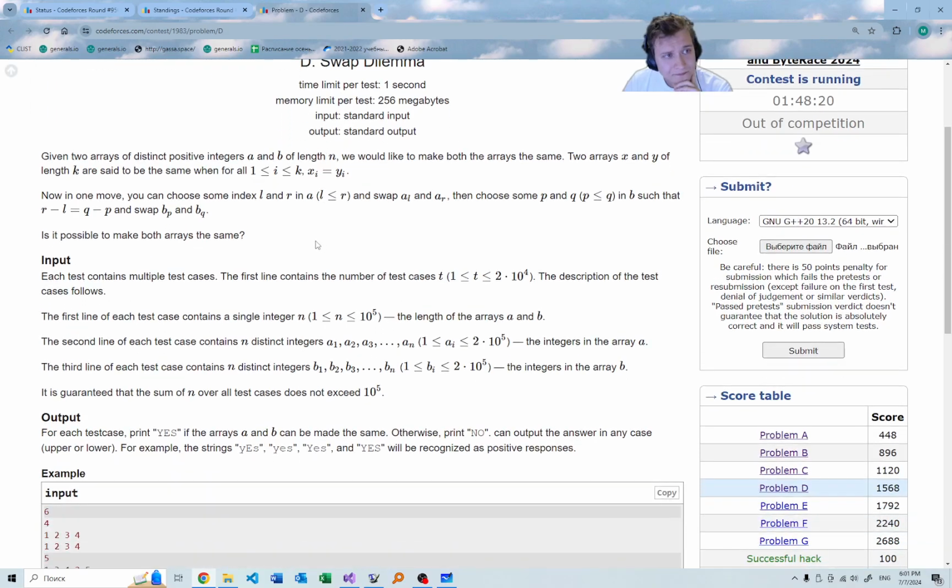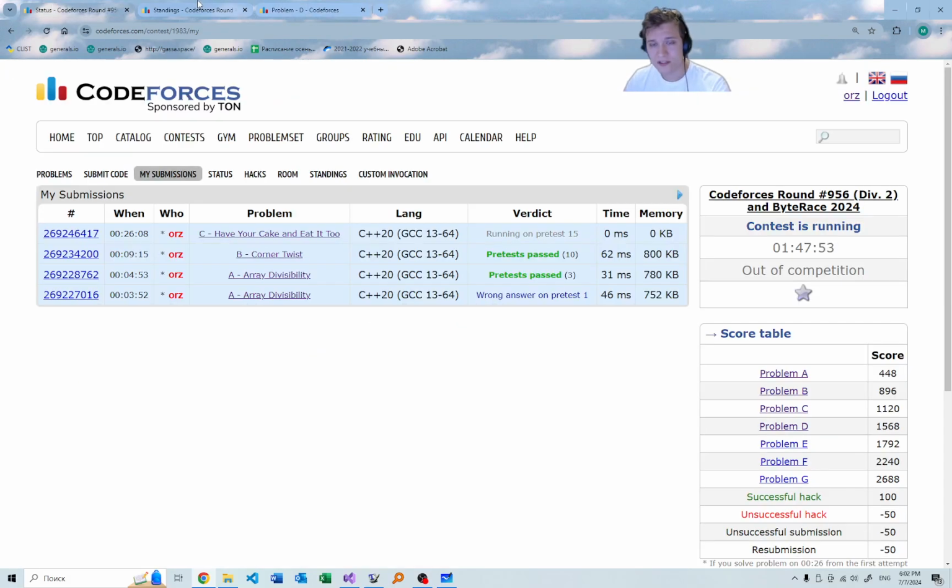Swap dilemma. Given two arrays of distinct positive integers a and b of length n, we would like to make both arrays the same. Now in one move we can choose some indices L and R in A and swap AL and AR. Okay, this is a very standard problem.